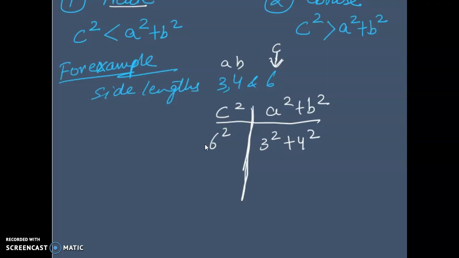We can manage it. 6 squared is 36. 3 times 3 is 9, and 4 times 4 is 16. Okay, 36, and then 9 plus 16 is 25. I will rewrite it again, 36 and 25.